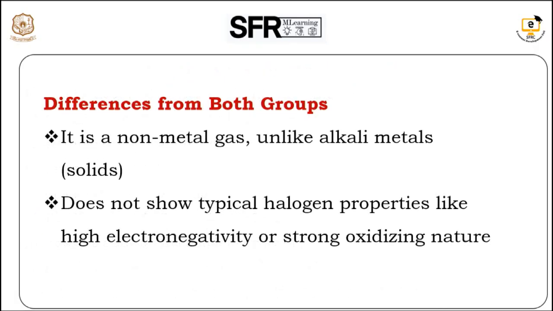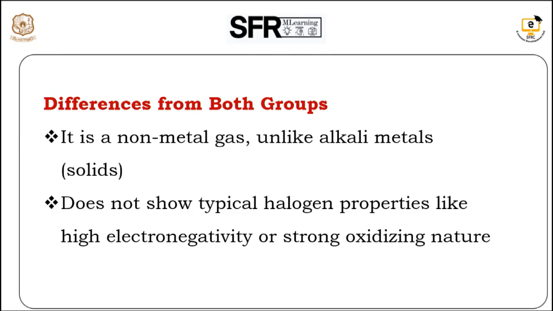Then the differences. There are two differences. One, it is a non-metal gas, unlike the alkali metals. The first group is alkali metals, the 17th group is non-metals, but hydrogen exhibits as a non-metallic gas, unlike the alkali metals. But it does not show halogen properties like high electronegativity or strong oxidizing behavior.